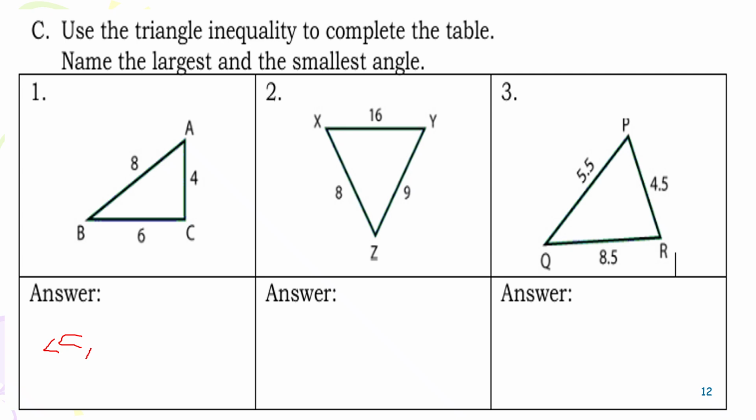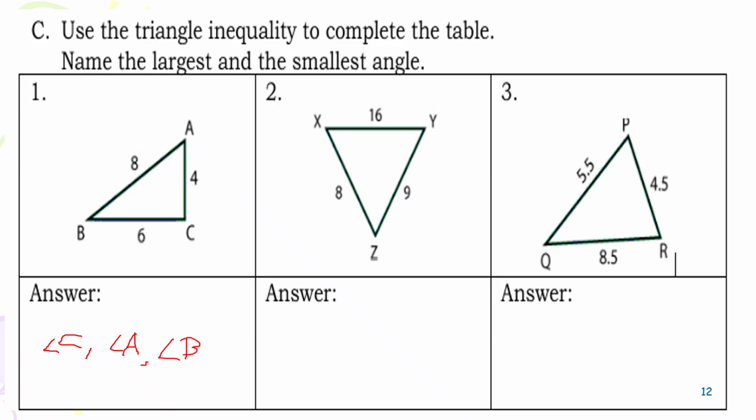So angle C, angle B, and angle A. Why? Because the opposite of this should be A, and this one should be B. Okay, so here, 8, no?